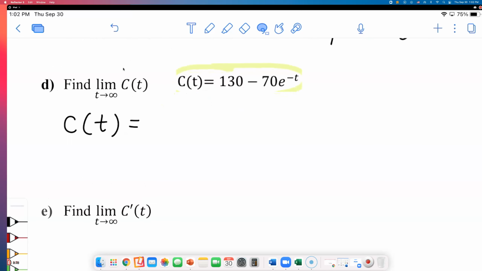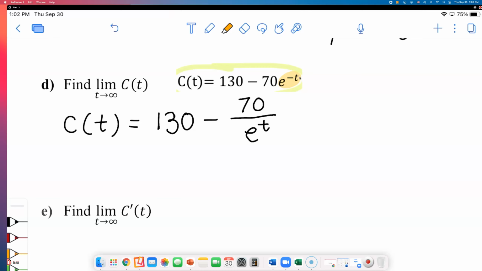I want you to see that the second term has a negative exponent. So what I can do is 130 minus 70 divided by e to the positive t power, right? I can send this to the bottom of the fraction because it's a negative exponent.